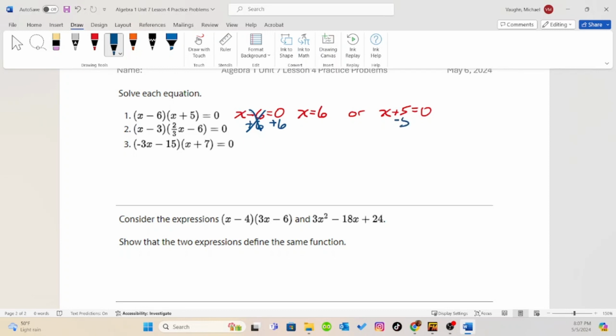We subtract 5 from both sides to eliminate it from the left, and we get x equals negative 5.